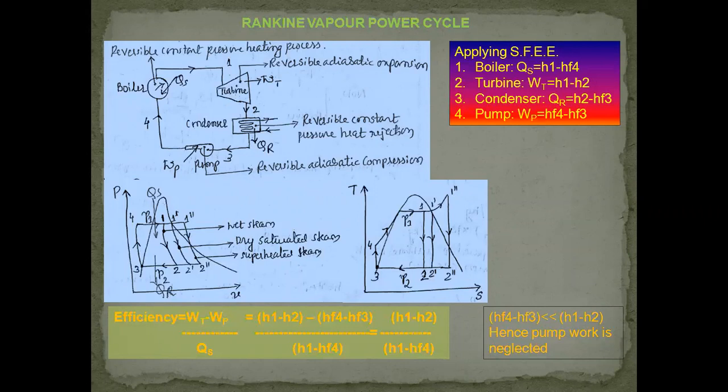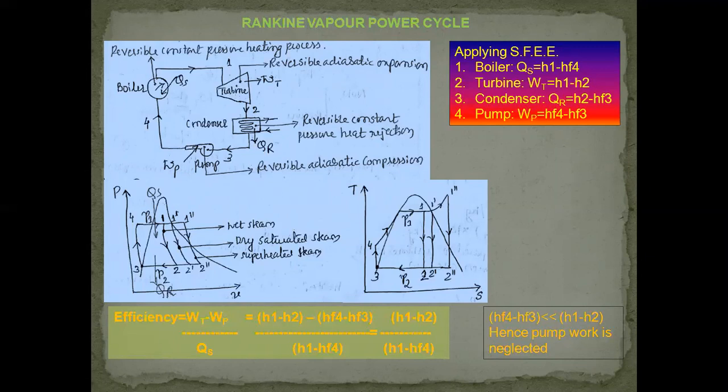Passing through the turbine from 1 to 2, so let us consider this point as 1. 1 to 2 is the expansion that is taking place in the turbine, and there is a work output WT. That expansion for wet steam is 1 to 2, for dry saturated steam it is 1 dash to 2 dash, and for superheated steam it is from 1 double dash to 2 double dash.